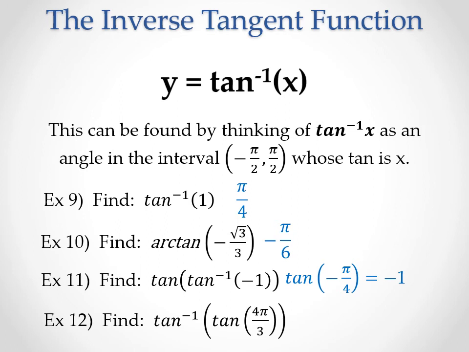All right, let's try this one. The inverse tangent of the tangent of 4 pi over 3. So what is the tangent of 4 pi over 3? Remember, the tangent is the y over the x. So that would be square root of 3. But it's negative because... no, sorry, 4 pi over 3 is in the third quadrant, right? 1, 2, 3, yeah.